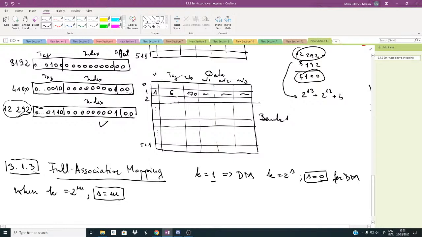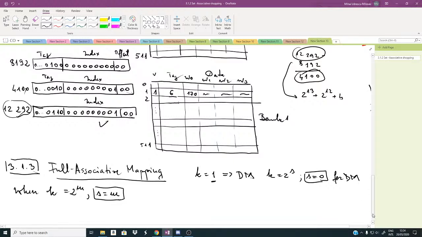Actually, you don't have an index anymore because it's just one. So you are not obligated to distinguish between indexes as long as it's only one index. So all the blocks in the cache are the same. They don't have an index. The only way you can identify blocks in the cache is by comparing tags.